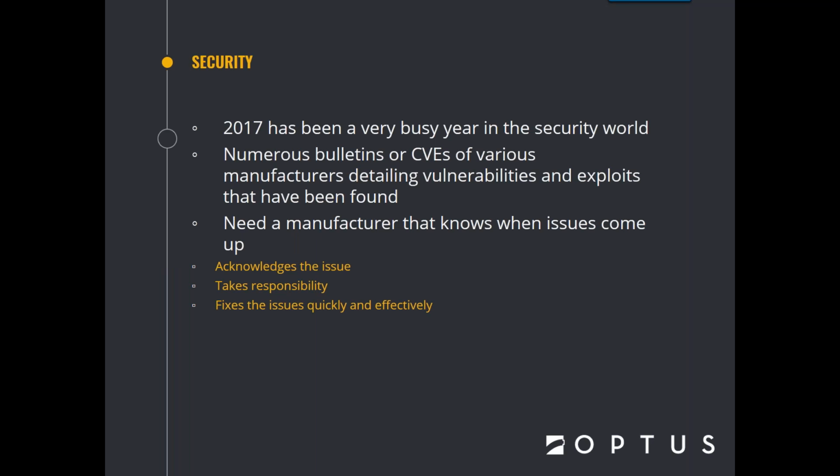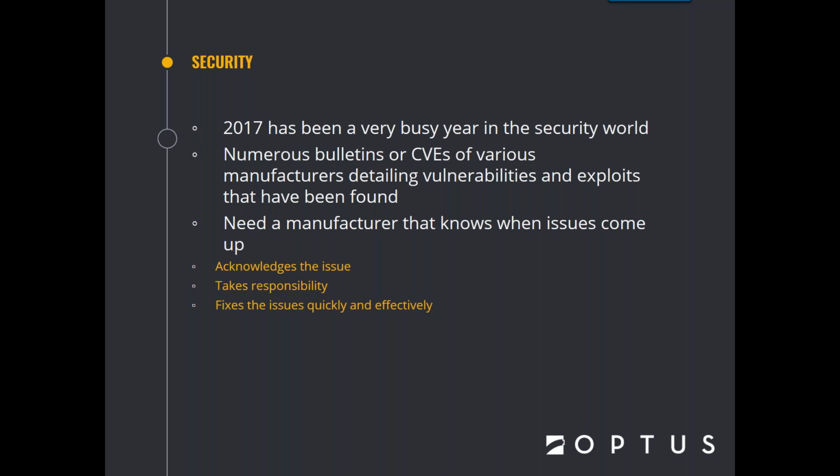Finally, one of the things we want to talk about is security. 2017, and 2016 even, has been a very busy year in the surveillance and security world. There have been numerous bulletins about various manufacturers detailing vulnerabilities that have been found.